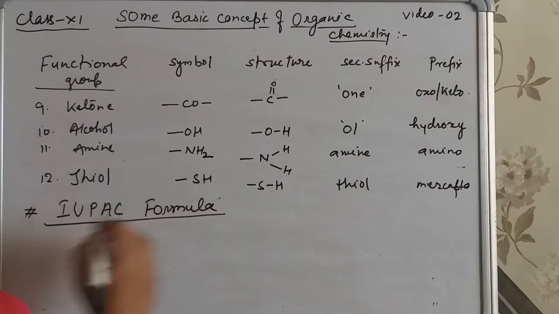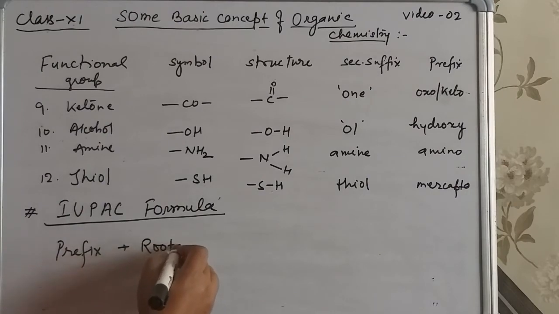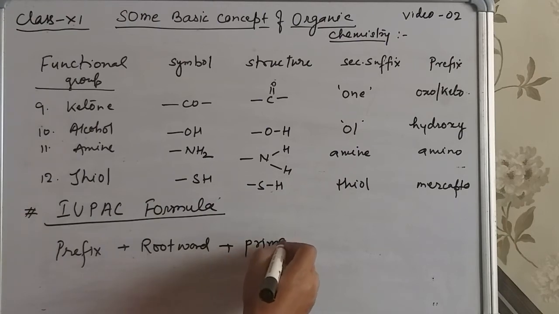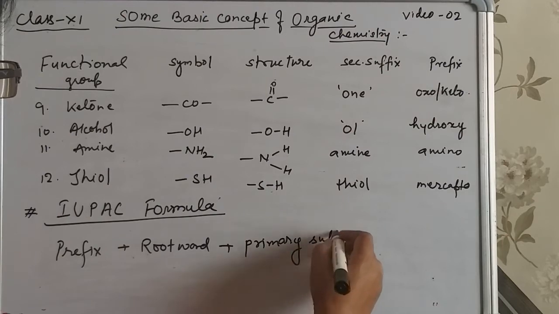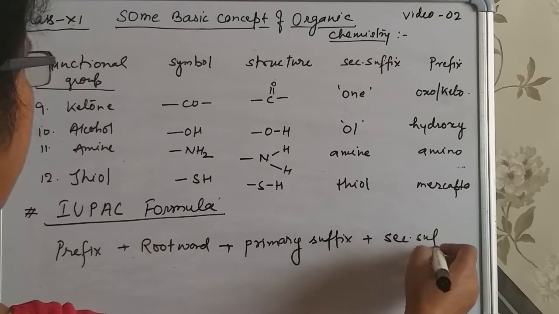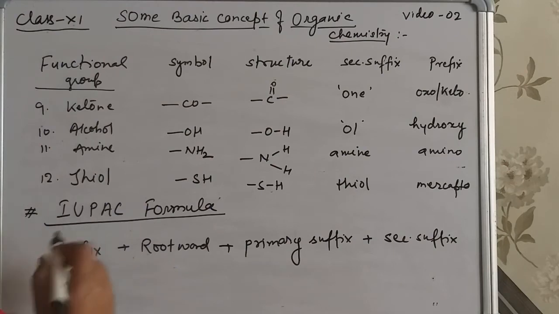For writing the IUPAC name, we use at first the prefix, then root word, then primary suffix, and after that the secondary suffix. By using all this, we can easily write the IUPAC name of the following compounds. Let's discuss by example.